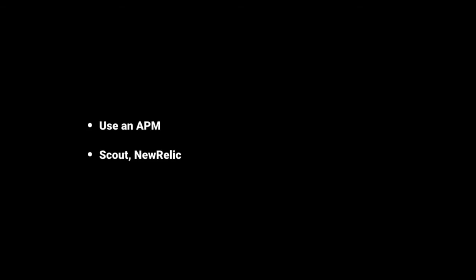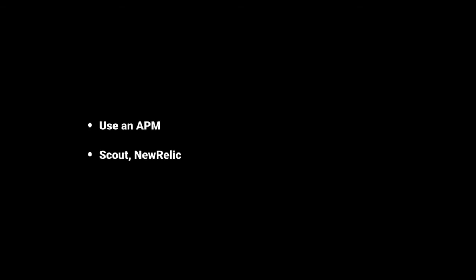So my first tip would be to use an APM. I hope everybody does. And New Relic is a very good tool, but I didn't find it particularly useful while debugging the problem that actually inspired me to create this presentation.